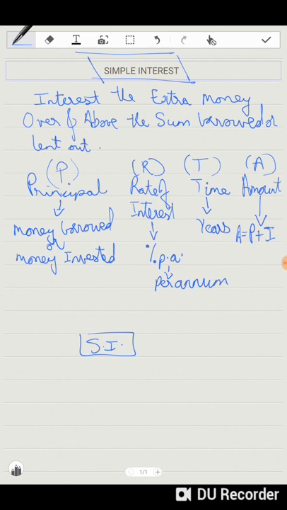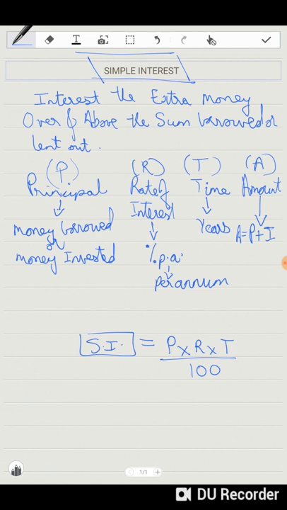So simple interest is nothing but principal multiplied by the rate into the time for which we are borrowing or investing, divided by 100. The good way to remember this formula is "pretty 100." What is simple interest? Pretty 100.